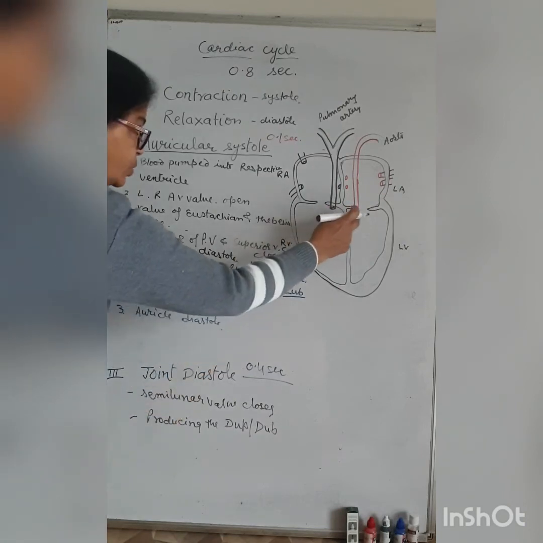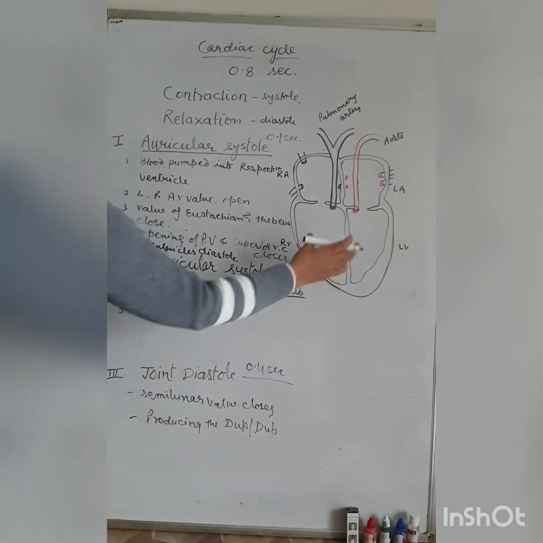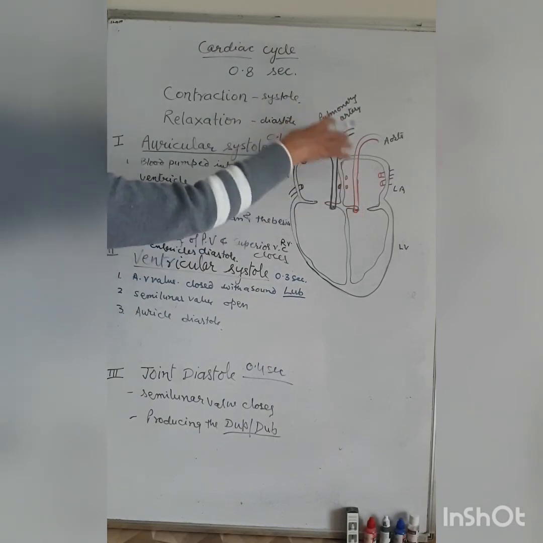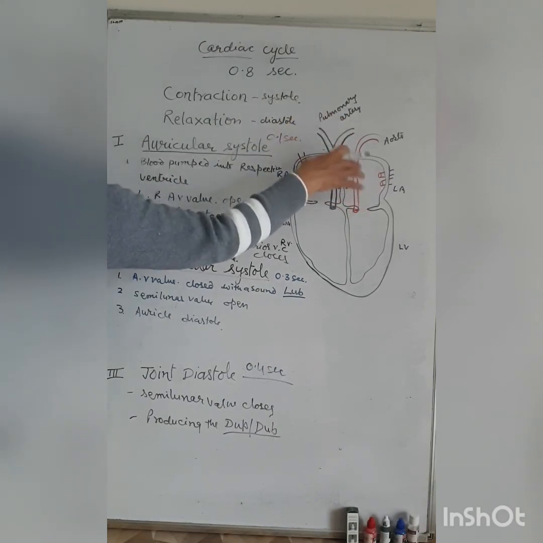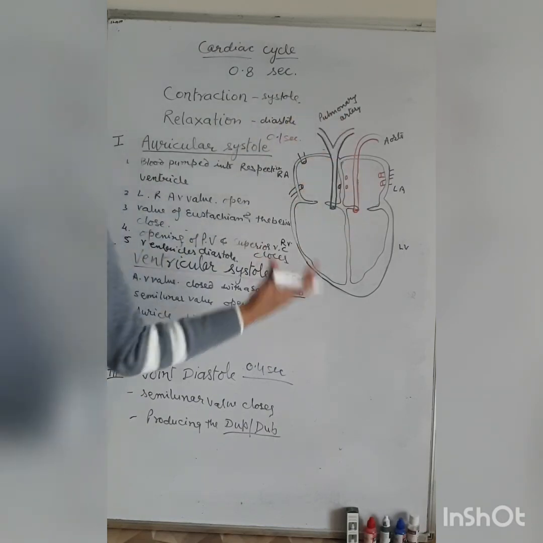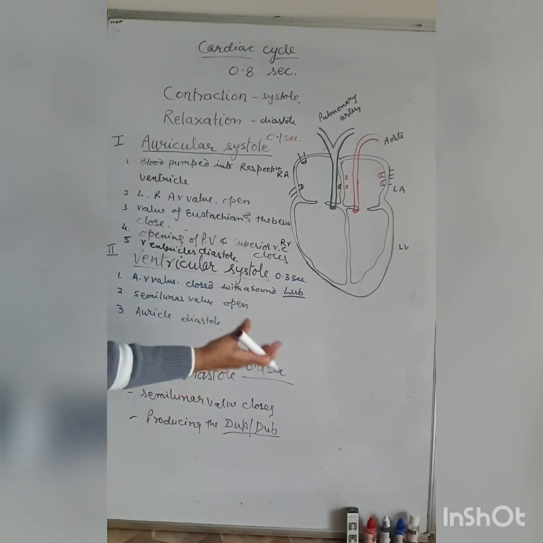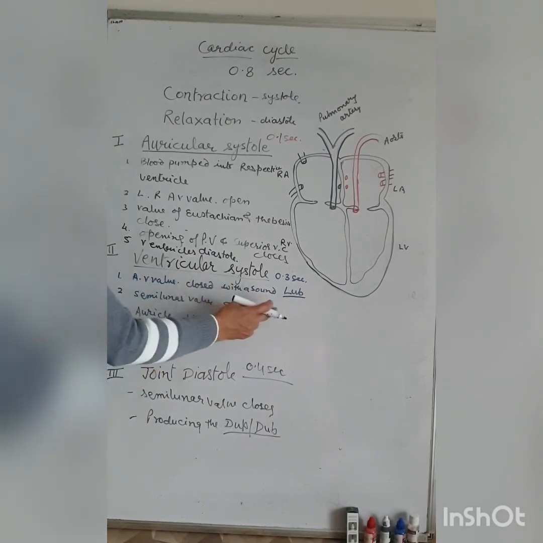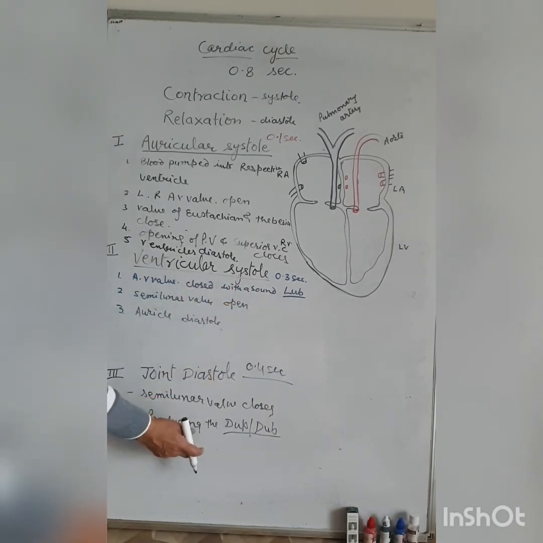When the semilunar valve closes, the ventricles are in diastole, the auricles are in diastole, and joint diastole is there. Blood keeps coming into the auricles while the ventricles remain in diastole. So this is joint diastole, the semilunar valve closed, and the second heart sound, the dup sound, is produced.